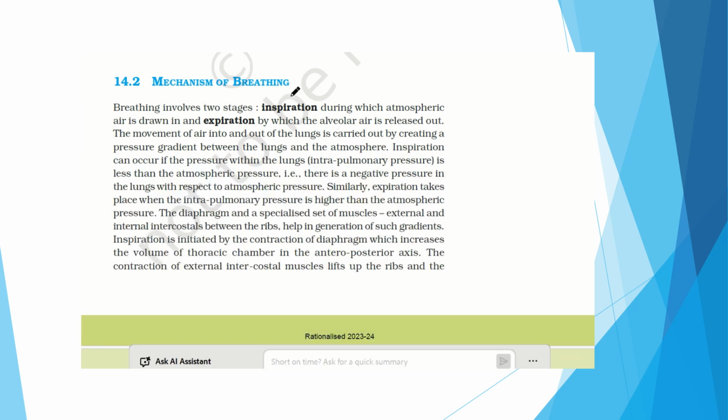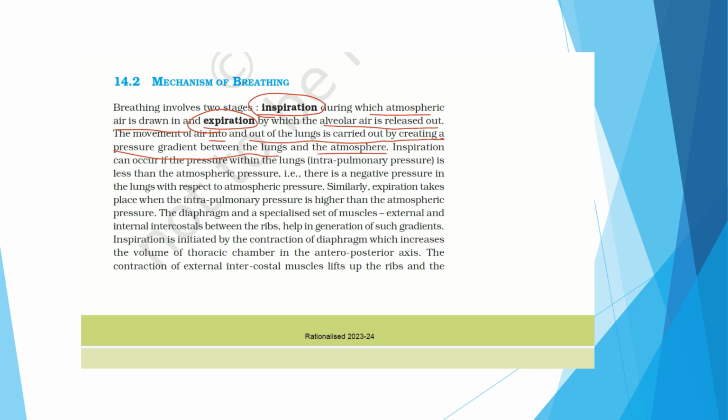We know that it involves two stages: the inspiration, during which the atmospheric air is drawn in, and the expiration, by which the alveolar air is released out. The movement of air into and out of the lungs is carried out by creating a pressure gradient between the lungs and the atmosphere. What is the pressure gradient?